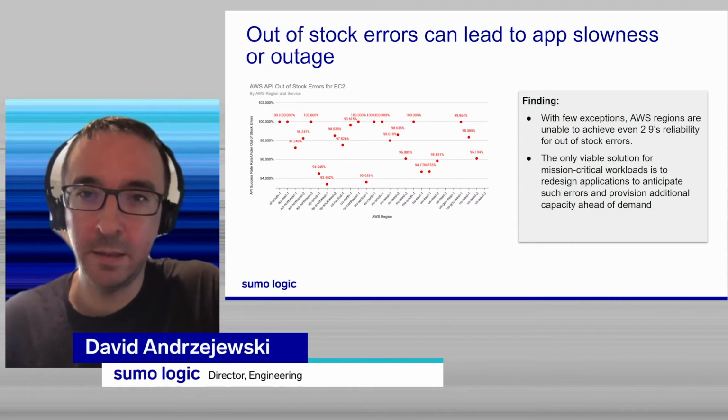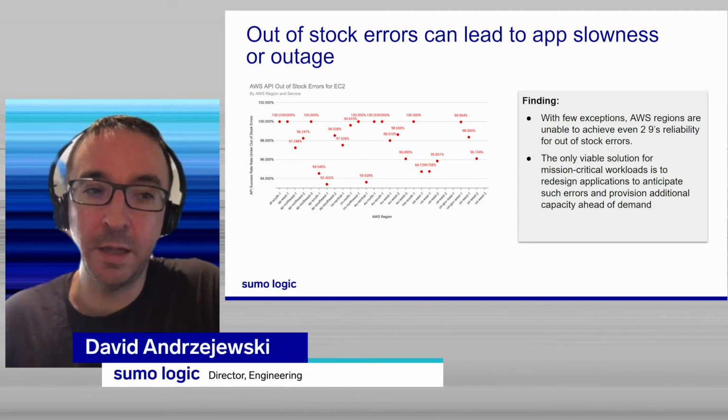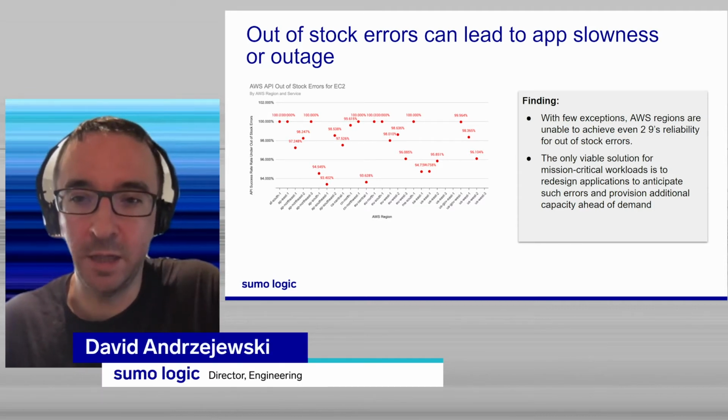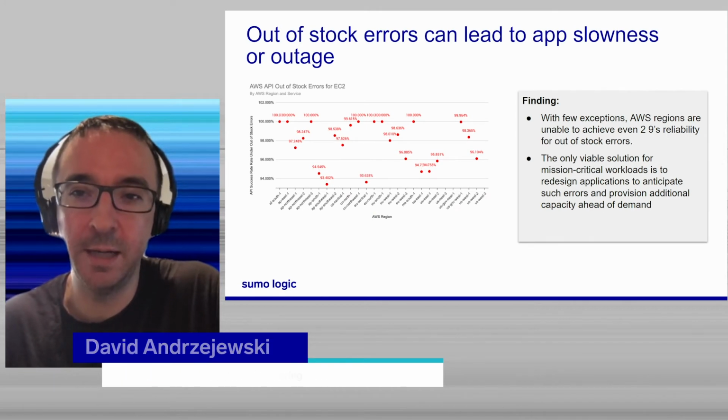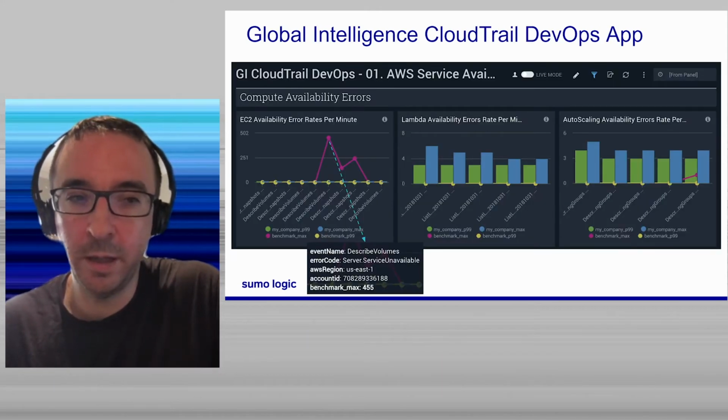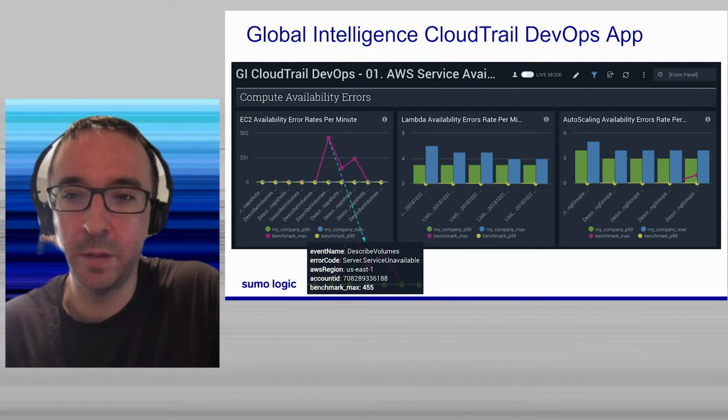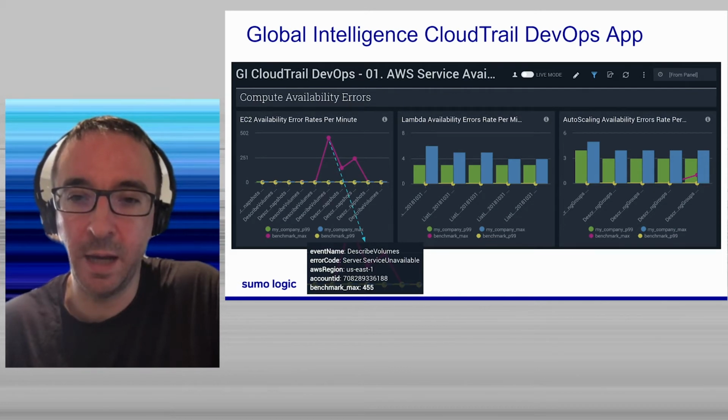So thanks, Shri. The way that you'll get this information within the Sumo Logic application is via these GIS apps. What we're looking at right now is a screenshot from the GIS CloudTrail DevOps app that is giving you some information about these availability errors that Shri had previously described.